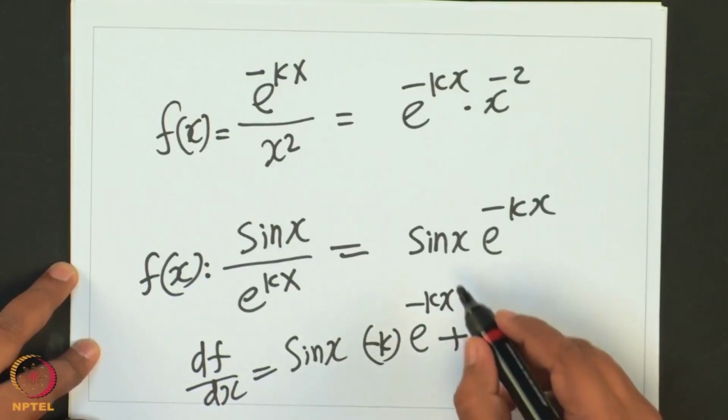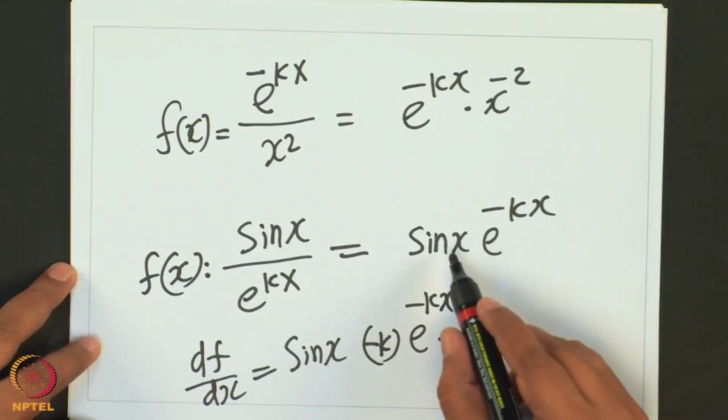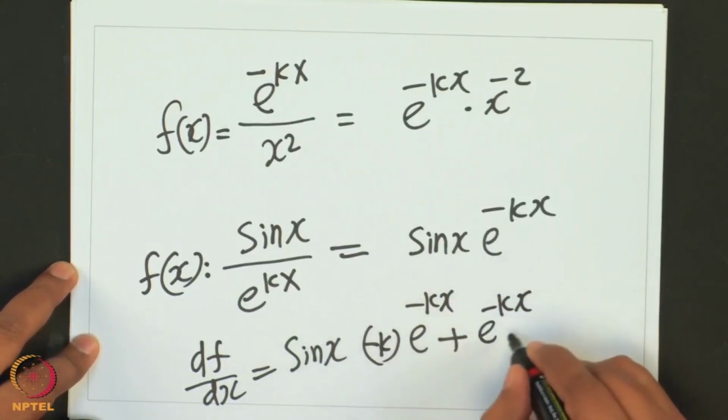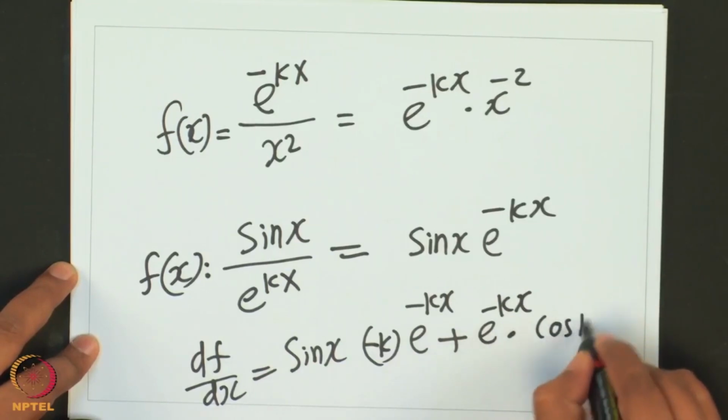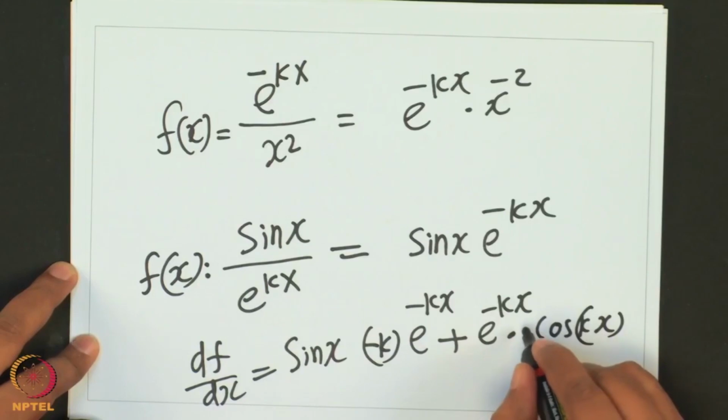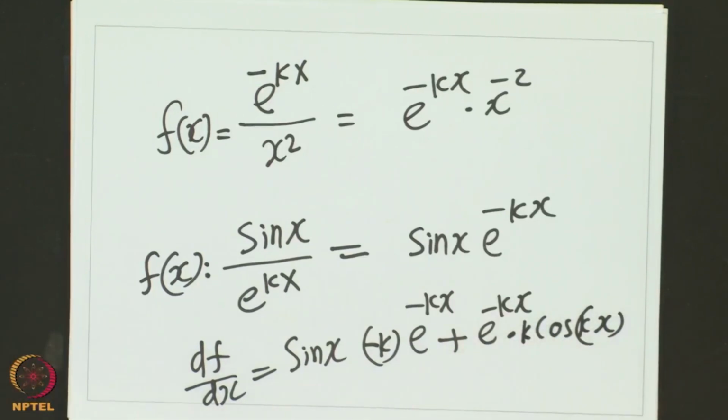Then I would take e power minus kx constant and find the derivative of sin x, which is cos x. So I would do this kind of thing and solve this.